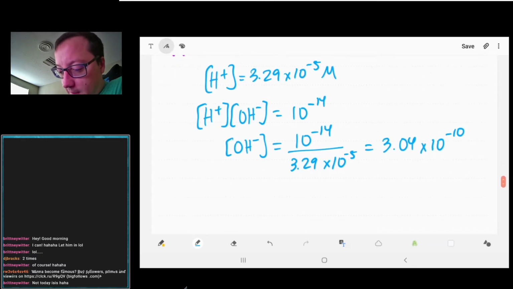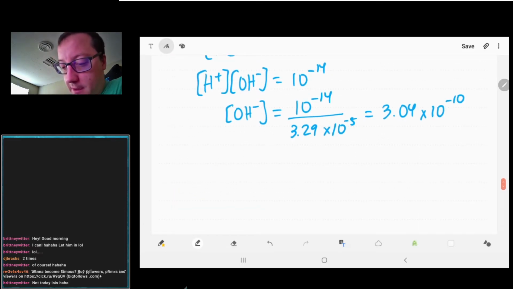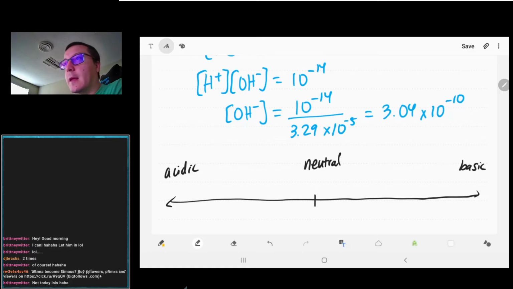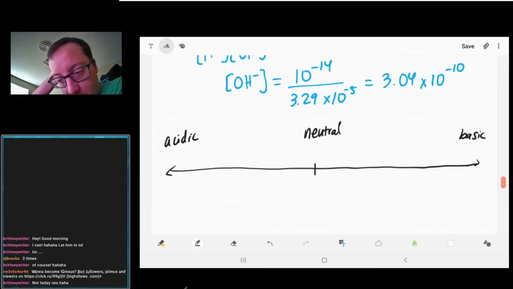We're going to see that we kind of have a spectrum of things here, where we have acidic stuff here. We have basic stuff on the other side. Right in the middle, we're going to have something that's neutral. And so on the top, I'm going to write our pH. And on the bottom, I'm going to write our H plus concentration, just so we can see.